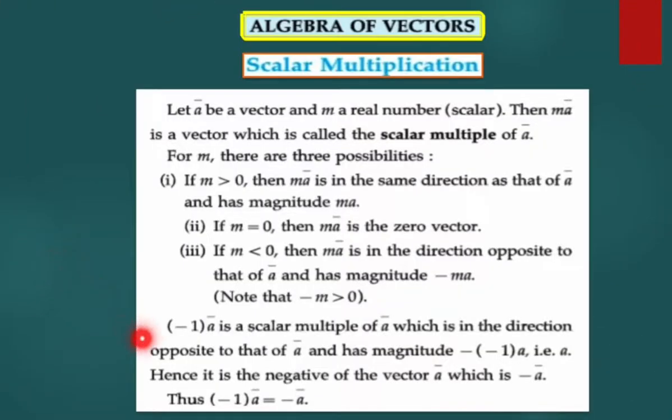So the last point, minus 1 into a bar is a scalar multiple of a bar which is in the direction opposite to that of a bar and has magnitude a. It is the negative of the vector a bar, which is minus a bar. So a bar has negative vector minus a bar, and the negative of minus a bar, again negative, gives us the original vector.